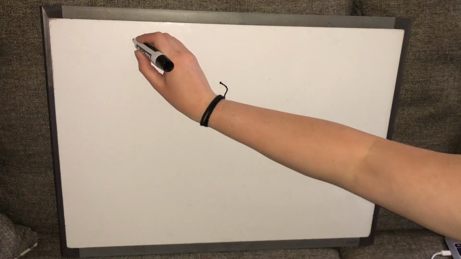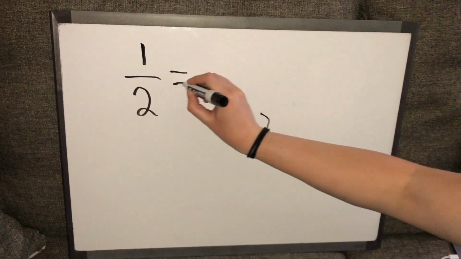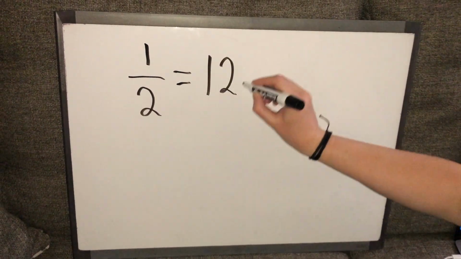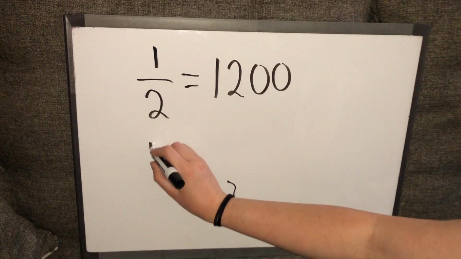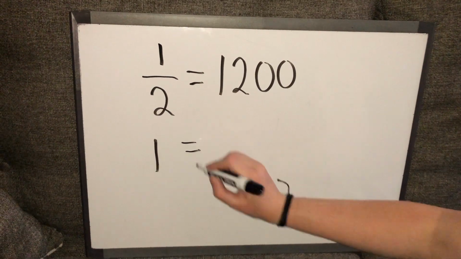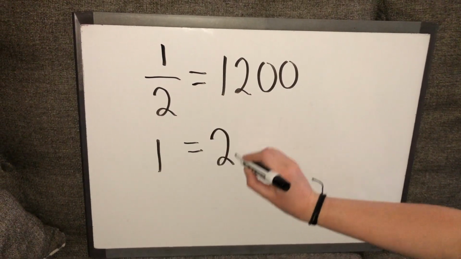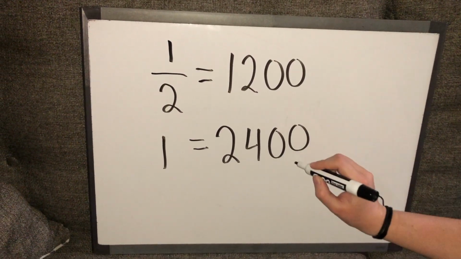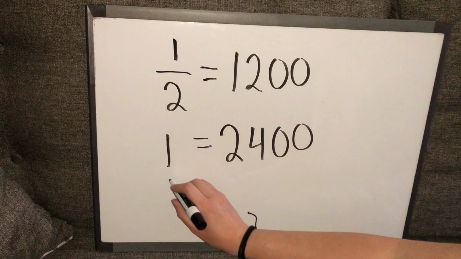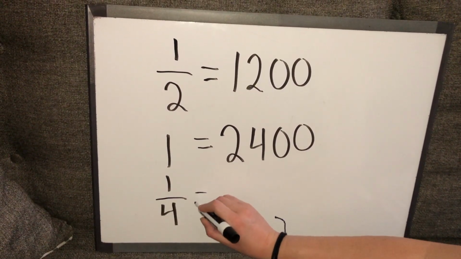If 1/2 equals 1,200 students, we need to find 1. Since we doubled half to make 1, we'll double 1,200 to find our whole. This is 2,400 students. Now we need to find the fourth of the students that liked English best.